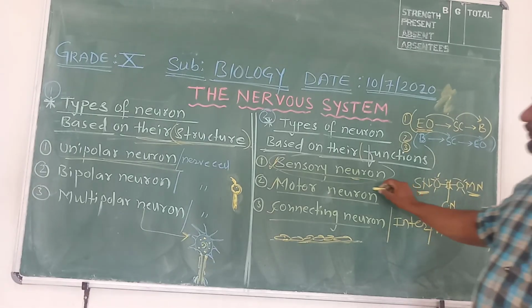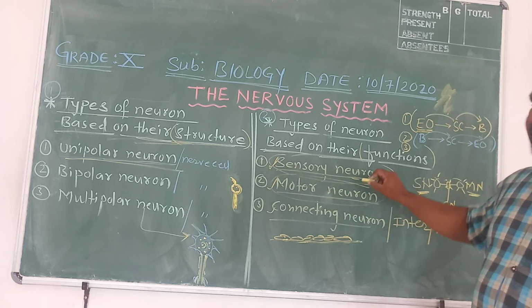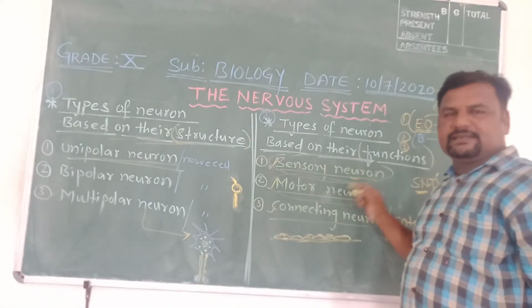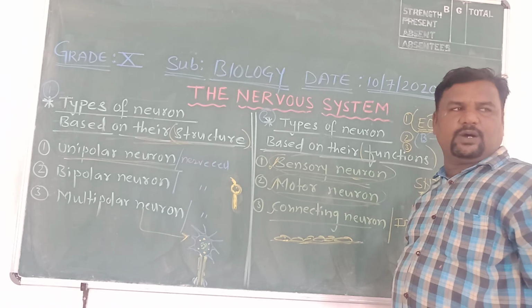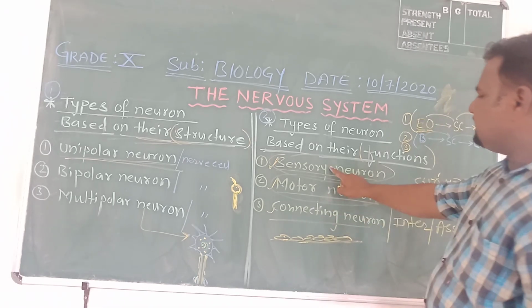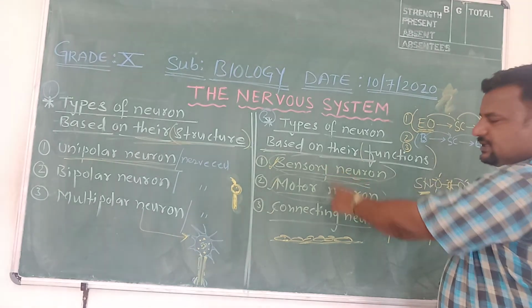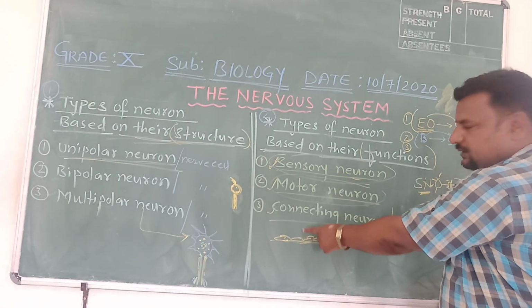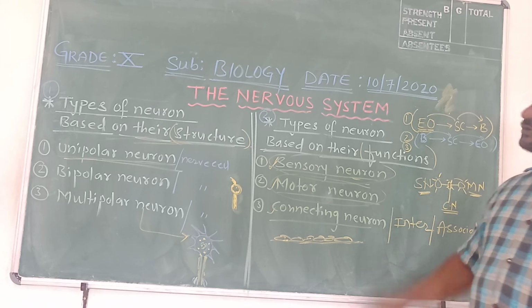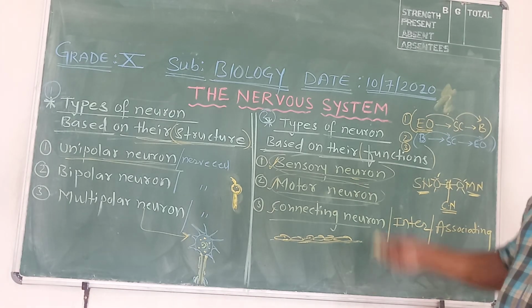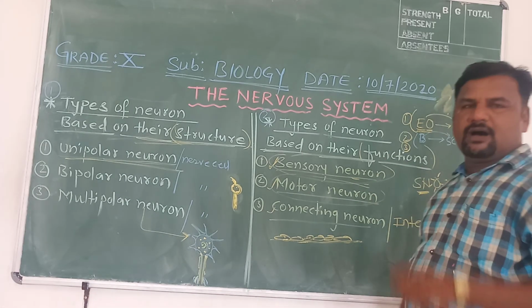And the connecting neuron connects the sensory neuron with the motor neuron. These two nerve cells are connected with each other, as shown in the example, with the help of the connecting neuron. So these are the functions performed by these three types of neurons.